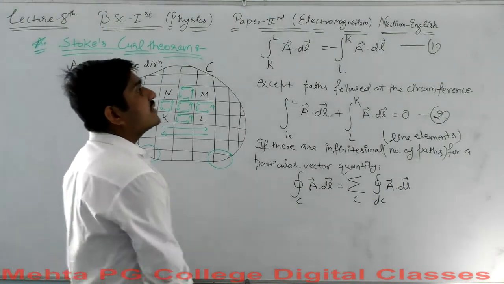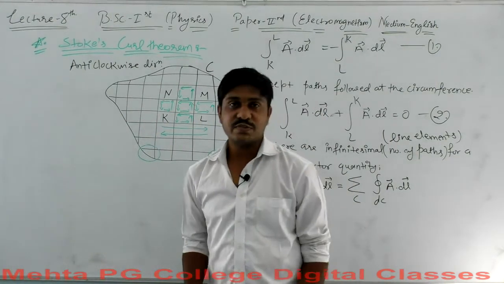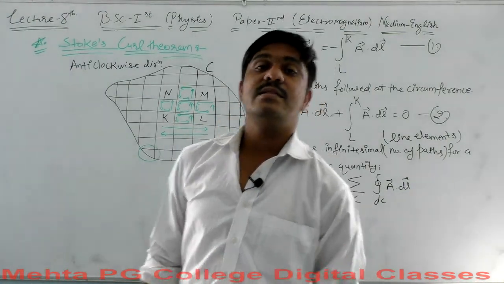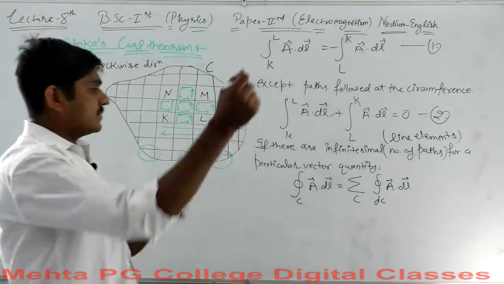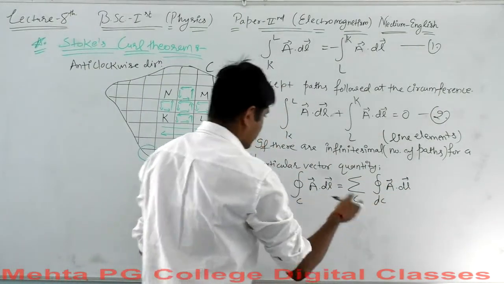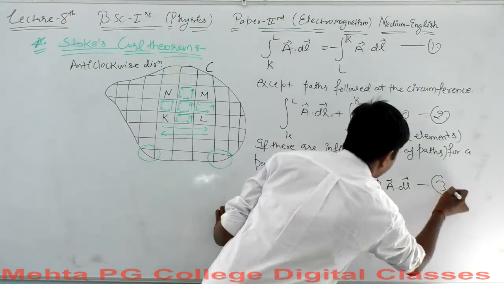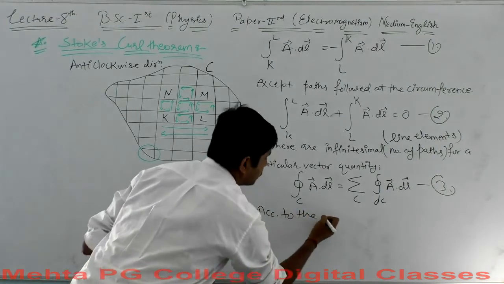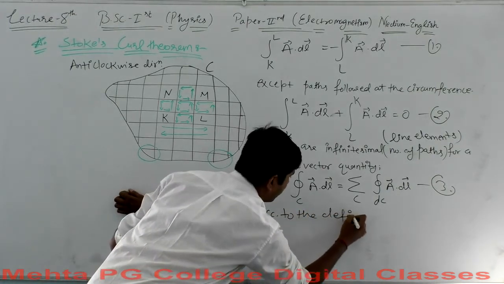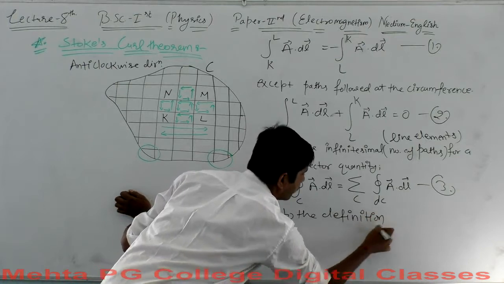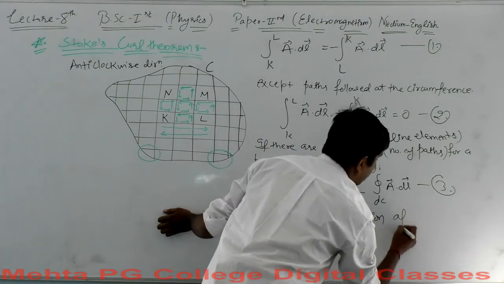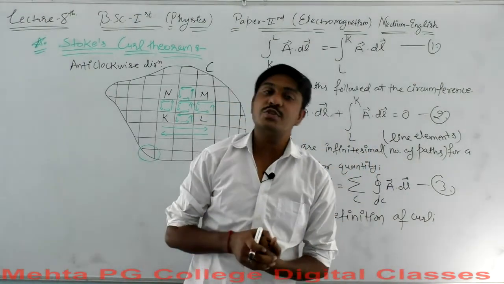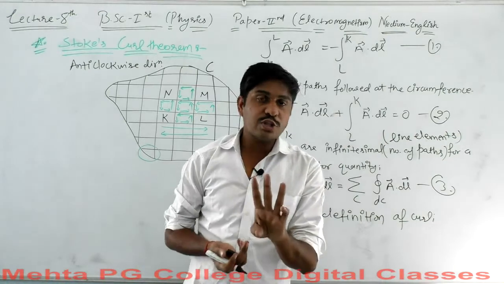So, do you remember the definition of curl? We define it according to the definition of the curl, and you can say this is equation 3. If you want to know the curl of a vector field, you should switch to lecture 4 of our series.